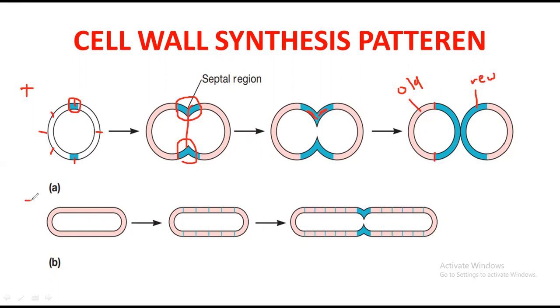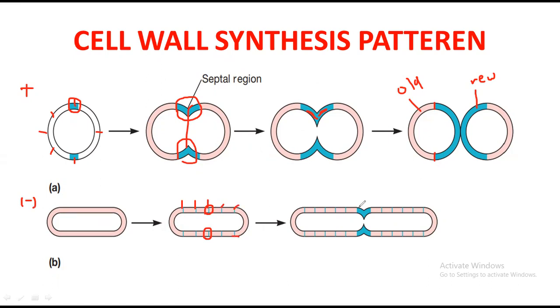But in the case of gram negative bacteria, especially bacilli, when it starts dividing, the peptidoglycan layer can start its formation at different positions. For example, this is the middle region. It can start its biosynthesis here, but it can also start synthesis here and here and here.